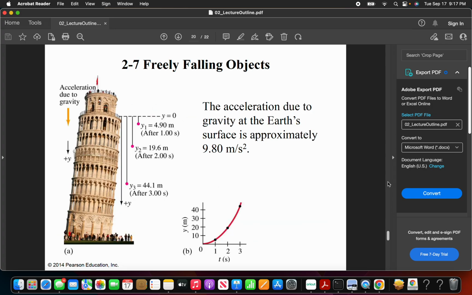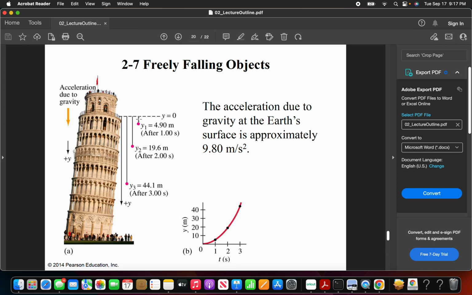And so this is the Leaning Tower of Pisa, I guess that's the name of it. But the lesson here is that we can track how far. Now, this is motion in one dimension, but the direction is what?